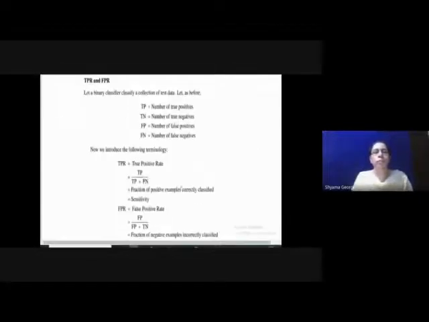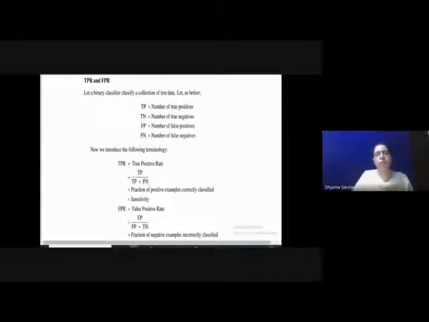The two main terms associated with the ROC curve are TPR and FPR, that is true positive rate and false positive rate. These can be calculated from true positive, true negative, false positive, and false negative. The formula for TPR is TP divided by TP plus FN, the fraction of positive examples correctly classified.